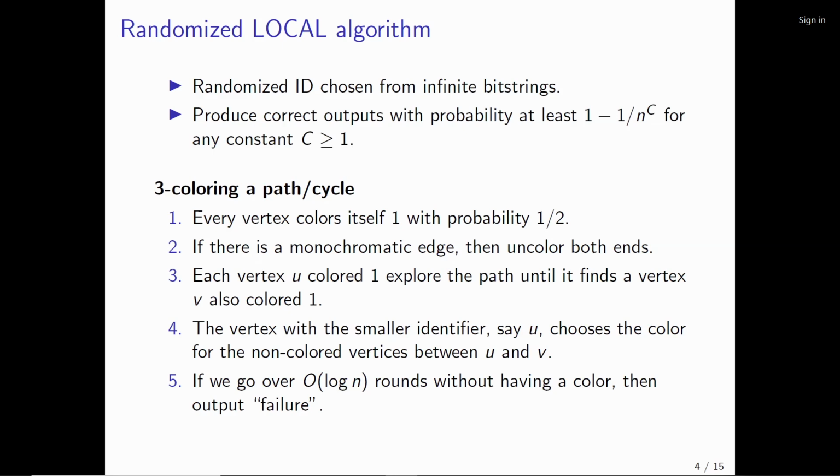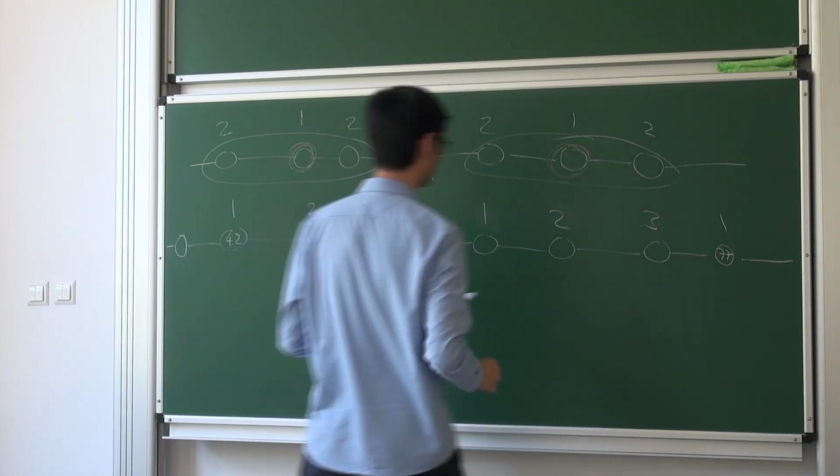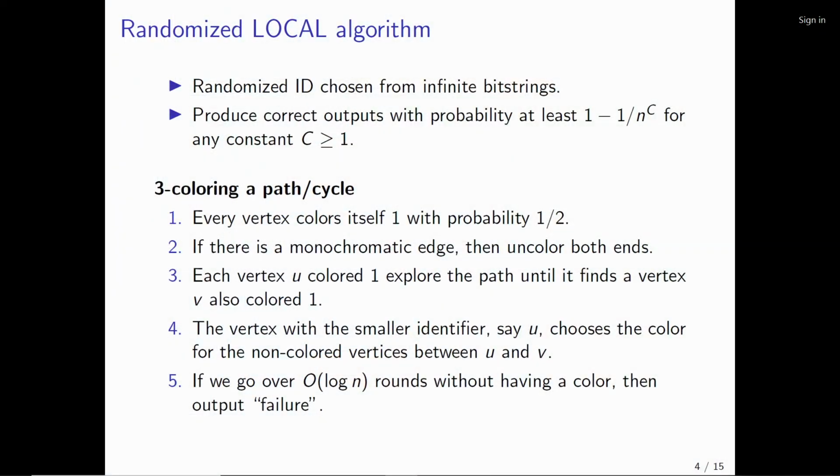It will 3-color this path, something like 2, 3, maybe 1 here, 2, 3. And then I have a halting condition: if I do this for too long, then I stop and say, sorry, I failed. Because you can imagine in some cases a lot of vertices are not colored, so you have very, very long paths between two vertices colored 1.